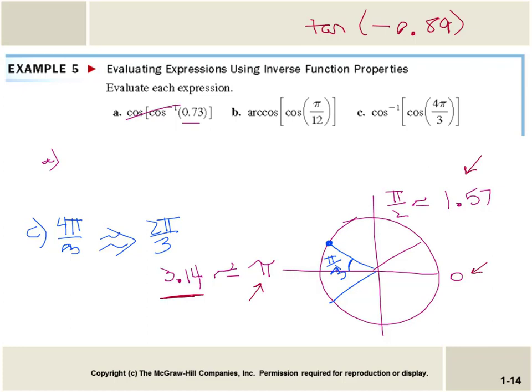So if I show you this picture, where is 0.89 on this graph? Positive 0.89. How do you get that?